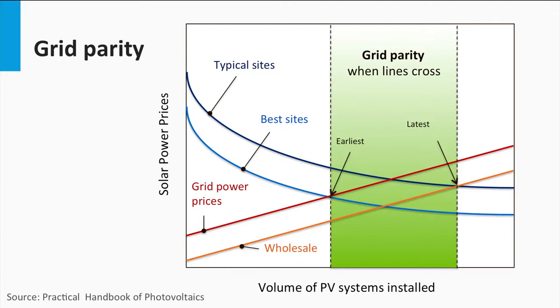On the other hand, cost of fossil fuels due to the availability and emission cost are expected to rise, thereby increasing the conventional grid costs. Also, as discussed before, the solar levelized cost will depend also on the site location, as sites having more sun hours will have a lower levelized cost of electricity. Grid parity occurs when the solar and grid lines in the graph cross.